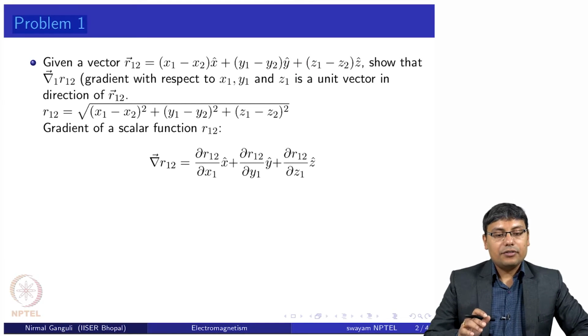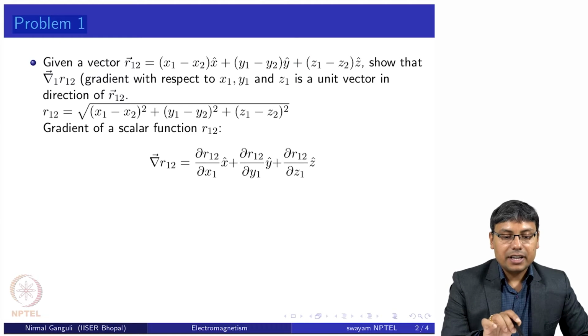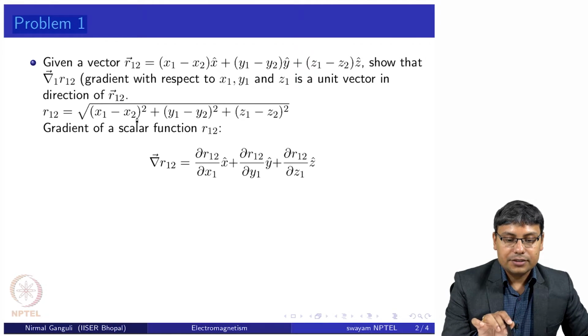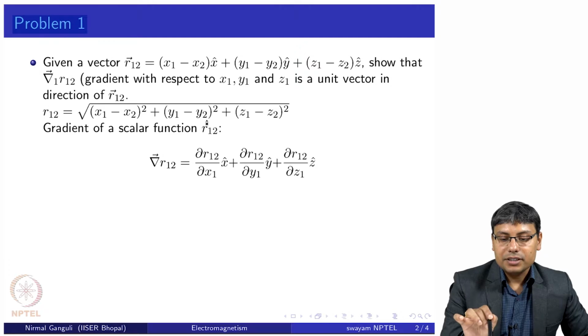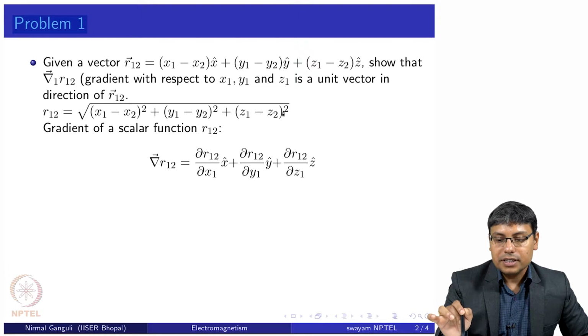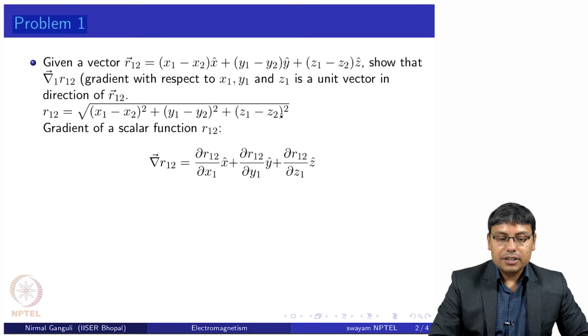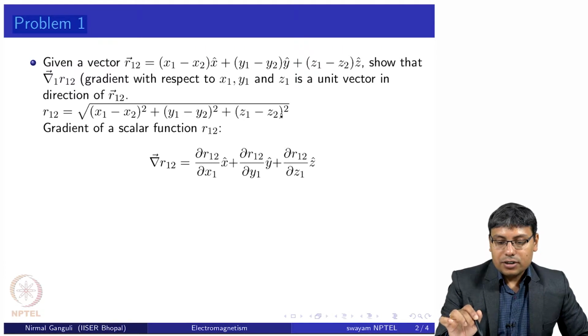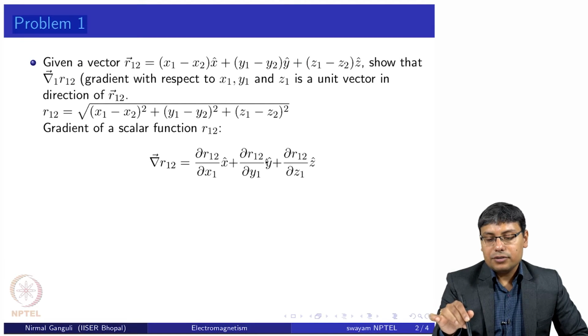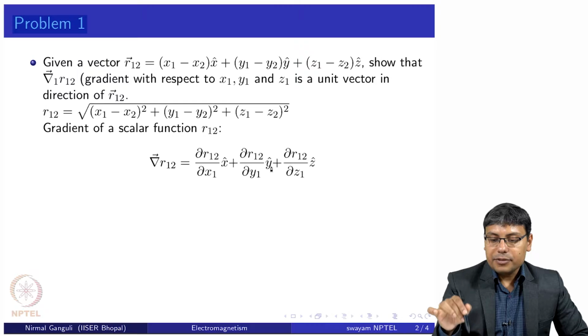The magnitude of the r12 vector can be given as the square root of (x1 minus x2) whole square plus (y1 minus y2) square plus (z1 minus z2) square. And we can write the gradient of the scalar function r12 as del r12 del x1 along the x cap direction plus del r12 del y1 along the y cap direction plus del r12 del z1 along the z cap direction.